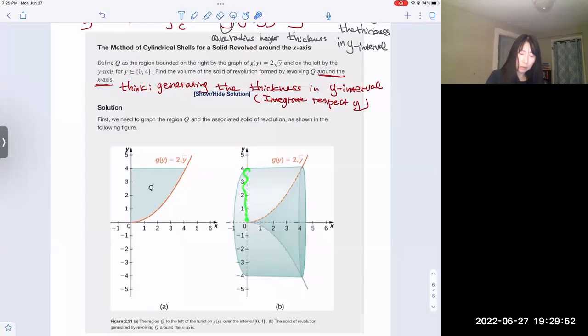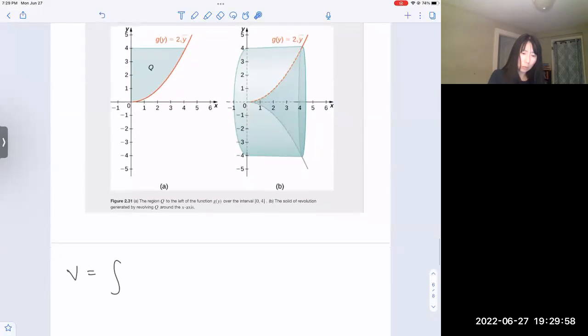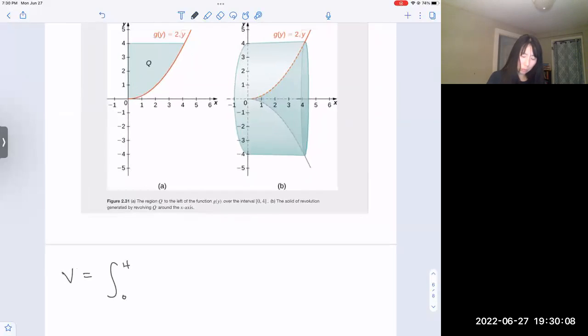Now 2 pi, we write down y, and then we write down the function, which in this case is 2 square root of y, then the thickness, which is dy.